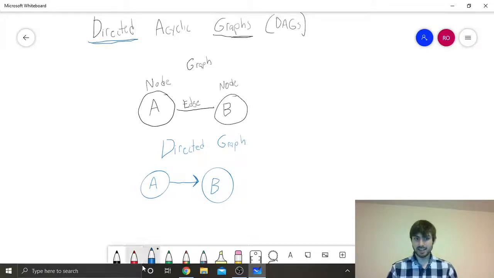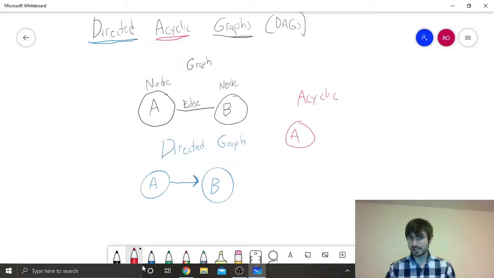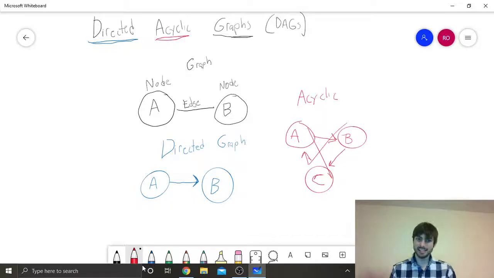And acyclic just means that you can't have it look like this, where you've got a direction going from A to B, then going from B to C, then going from C to A. So you can't have that. Okay, so that's a directed acyclic graph.